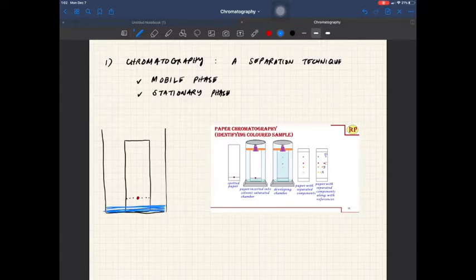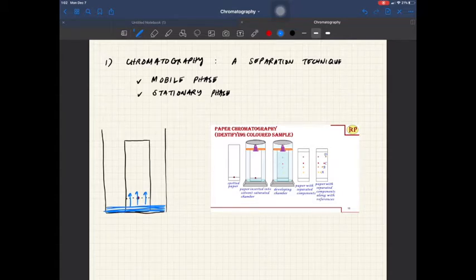So this is a typical paper chromatography setup where the sample is spotted on top of the paper and is partially submerged in a solvent solution. So this solvent will travel upwards on the paper and will push this analyte. So this analyte is a mixture of other components.